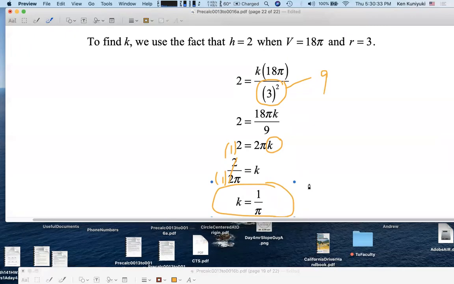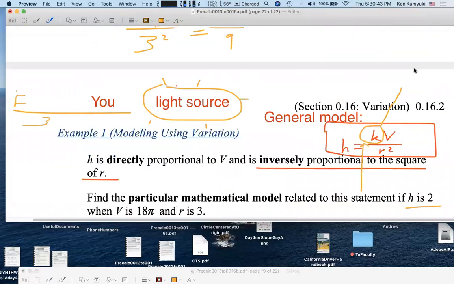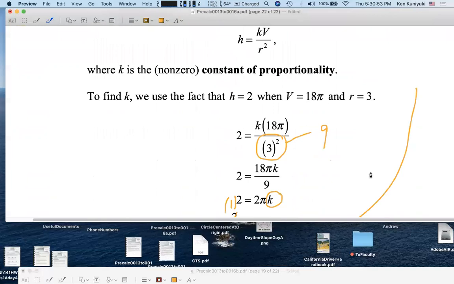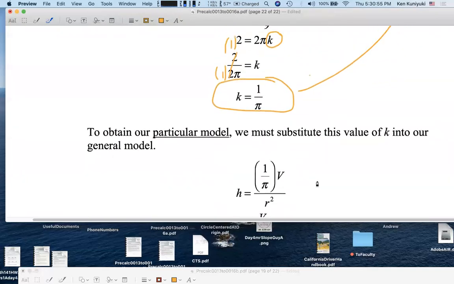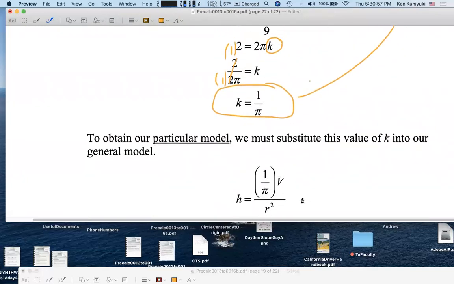So we have our constant of proportionality. We're not done yet. It's like finding b in that line problem. We have to plug this into the general model that we got way up here. K is 1 over pi. Plug that in and simplify if necessary. So we take this general model, plug in 1 over pi for k. But we don't like this because it's a compound or complex fraction.